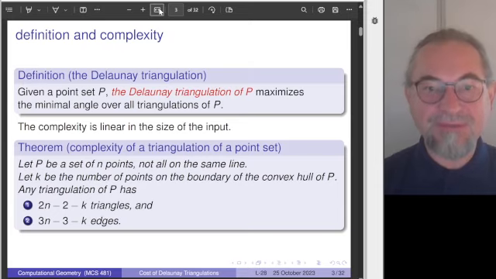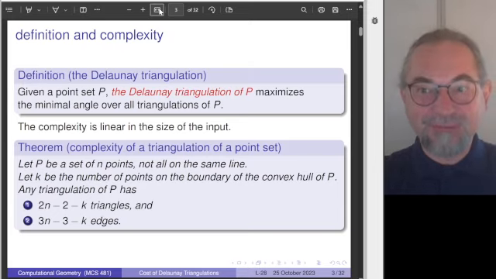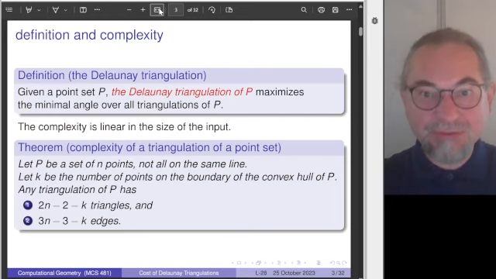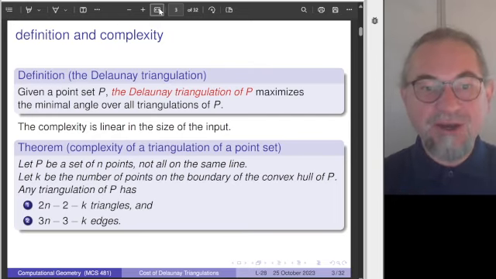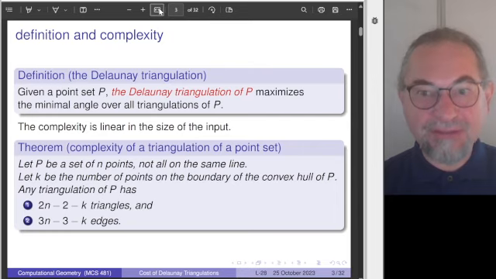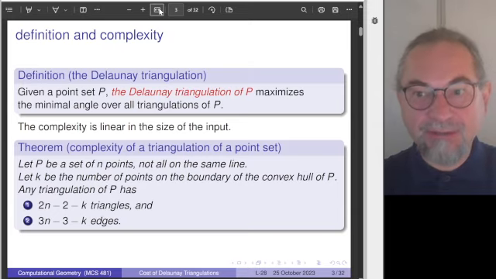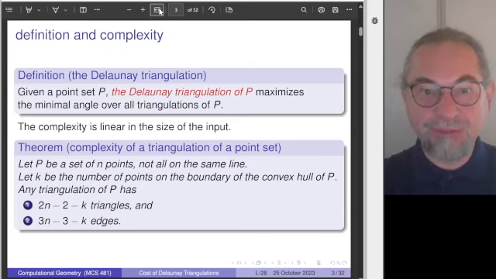In some sense, the definition is kind of daunting, over all possible triangulations. On the other hand, the amount of data that we need to store a Delaunay triangulation is very encouraging. And it includes the possibility for an n log n algorithm.